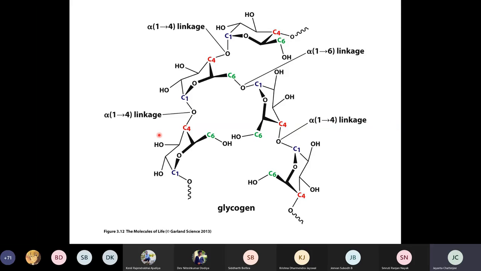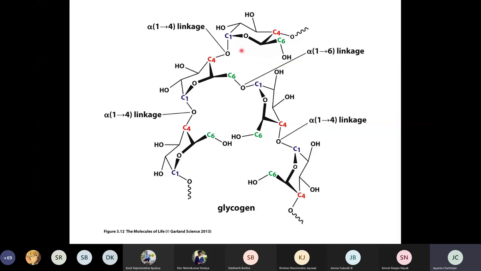So let's take a look. You have the C1-C4 linkage, meaning the alpha 1,4 linkage, where the C1 is connected to another glucose through the alpha glycosidic bond, right?